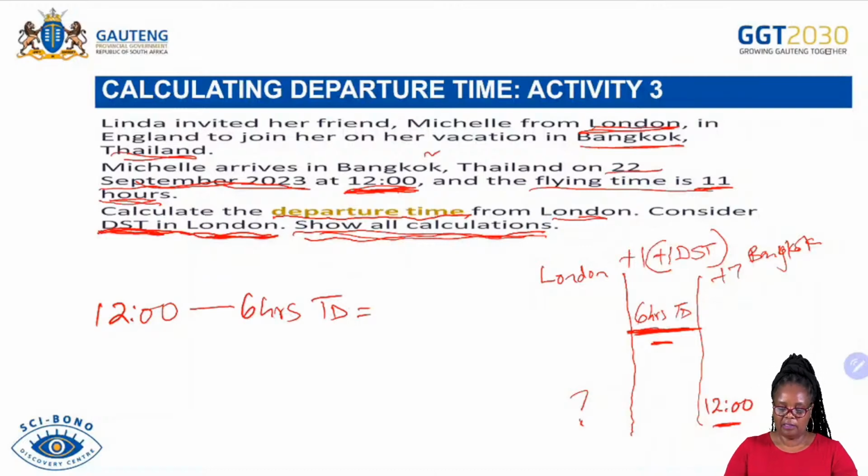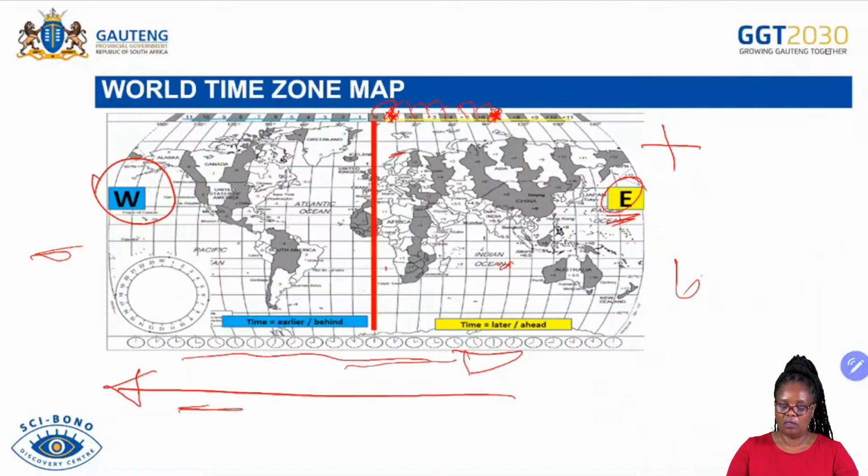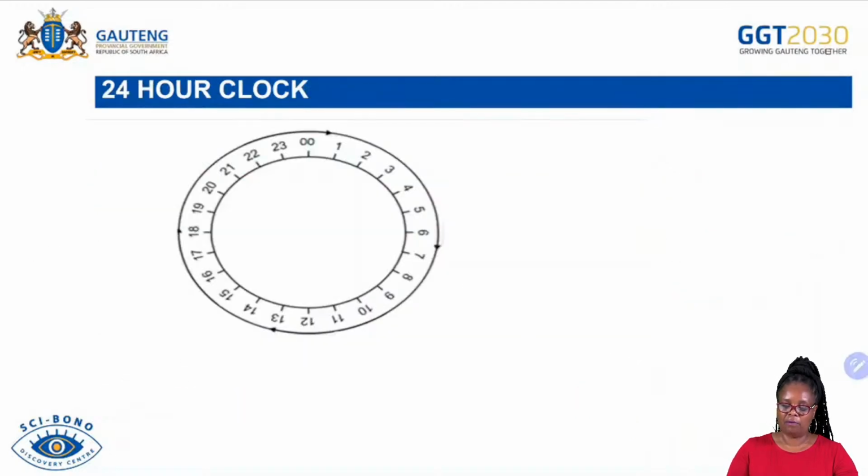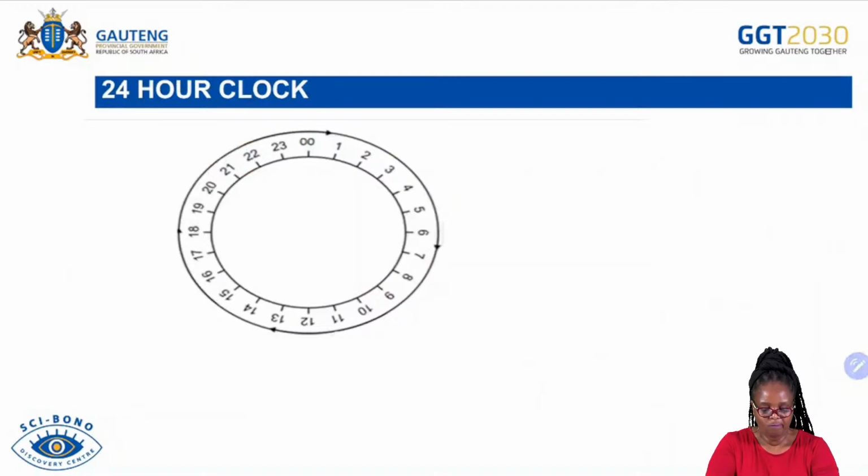Then from this, we go to our clock. Remember, we don't use the calculator, we use the clock. Here we are at 1200 hours, and we want to minus the time difference, which is 6 hours. Let us not forget that. So from here, we move backwards since we are minusing.